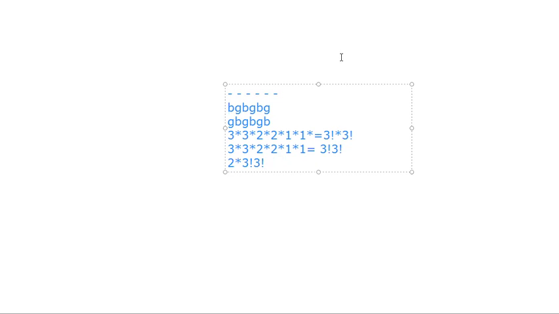So note down the next question. The question is, in how many ways can the word ORBIT be arranged such that the vowels are always together? I'll repeat it.